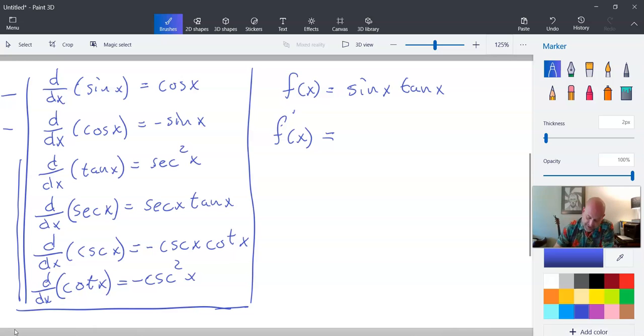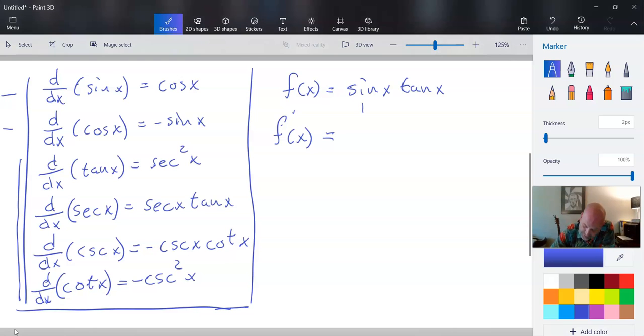So I'm assuming you've paused it now. So let's see here. We have a product of a sine and a tangent, right? And so that means I can use the product rule. So the product rule is the first times the derivative of the second plus the second times the derivative of the first. Or 1d2 plus 2d1. So let's see here.